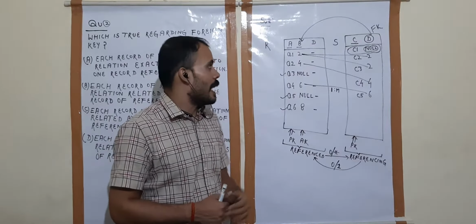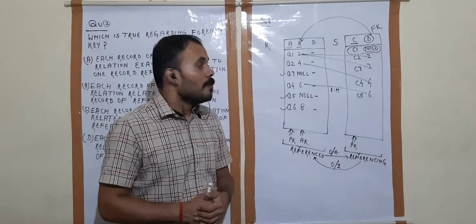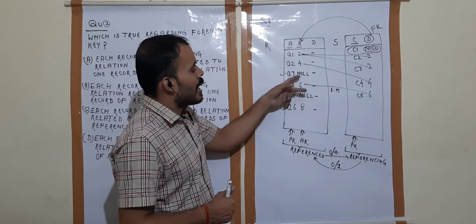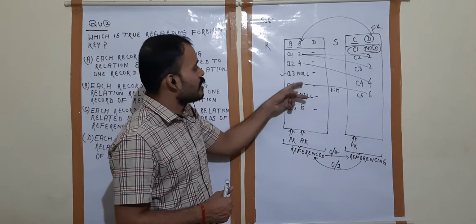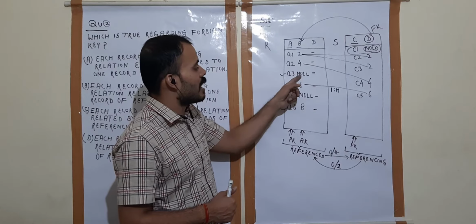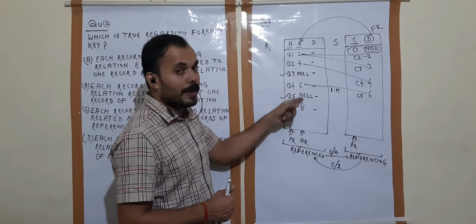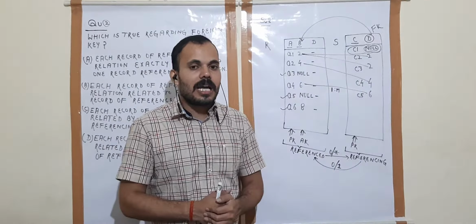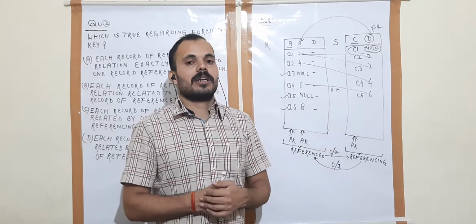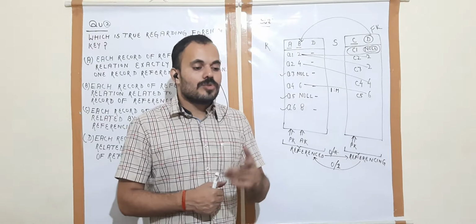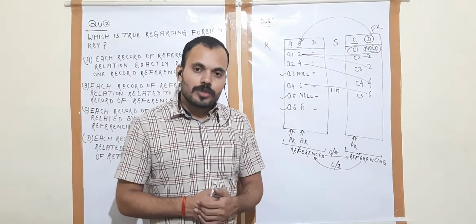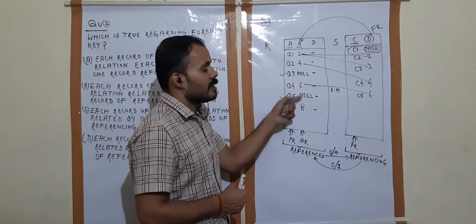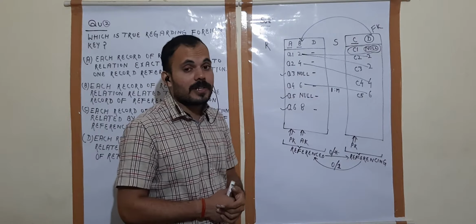I am saying that B is an alternative key, so these two values should be unique. This null and this null should be unique, because B is an alternative key, and by the definition of an alternative key, two records should be unique. But these two records' values are null. How can we differentiate?